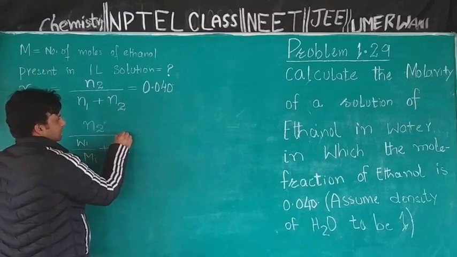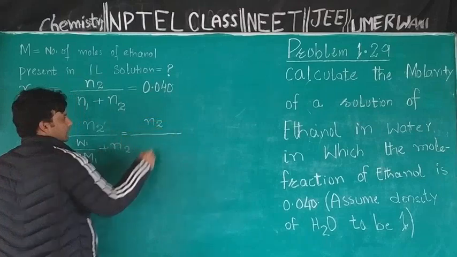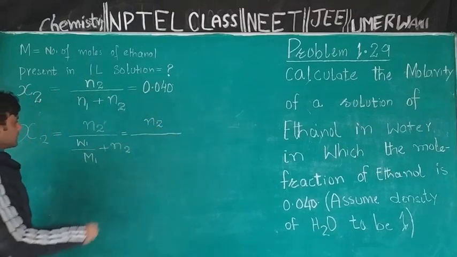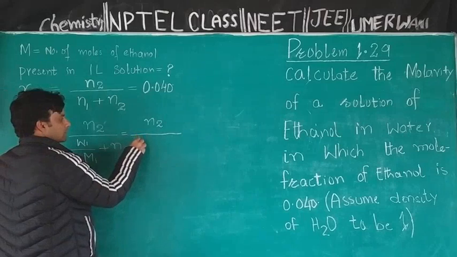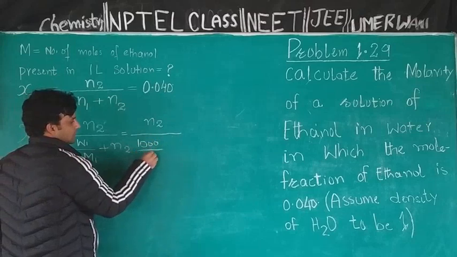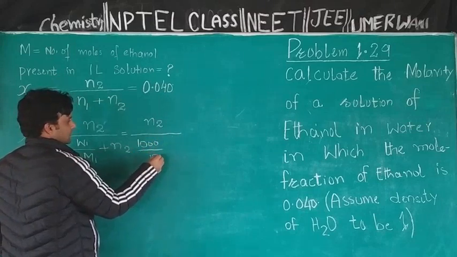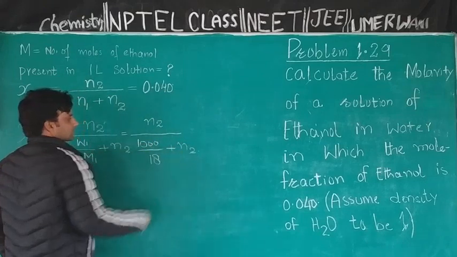I will substitute values. N2, number of moles of solute ethanol. W1, available mass of solvent water, which is 1000 gram. Molar mass of solvent, which is 18 gram, plus number of moles of solute ethanol.